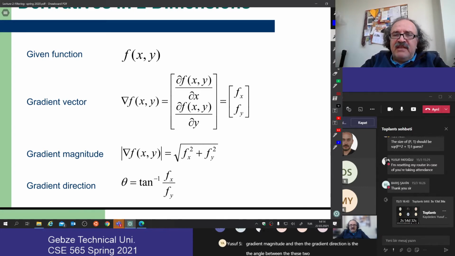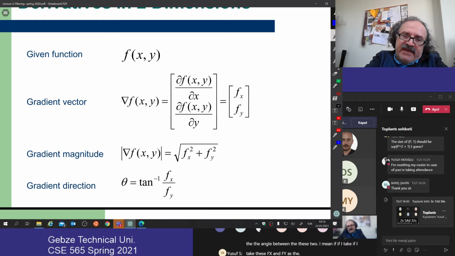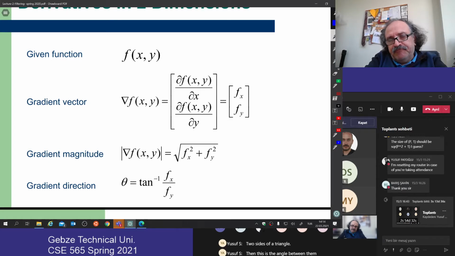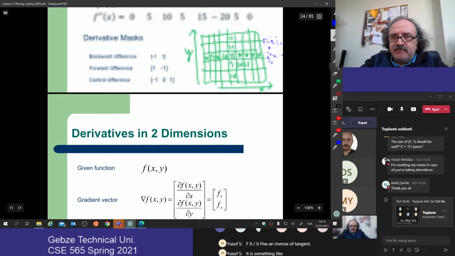If I take these fx and fy as the two sides of a triangle, then this is the angle between them. It is the inverse of tangent of fy over fx.